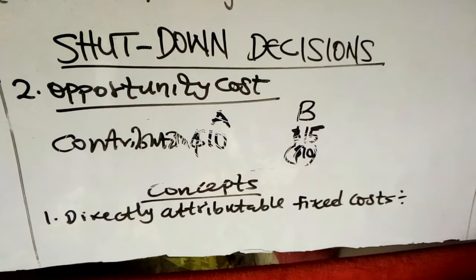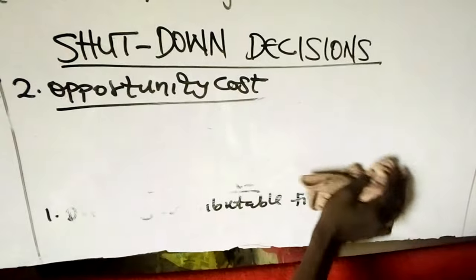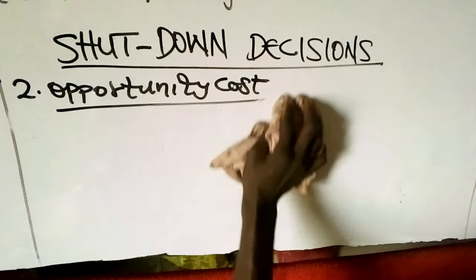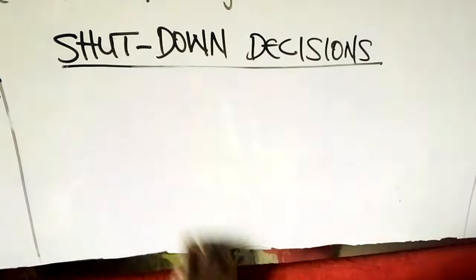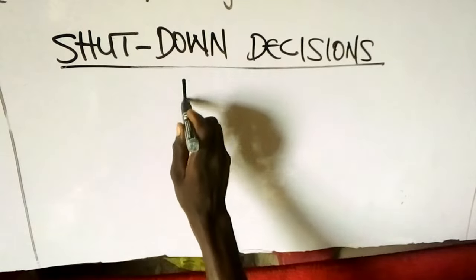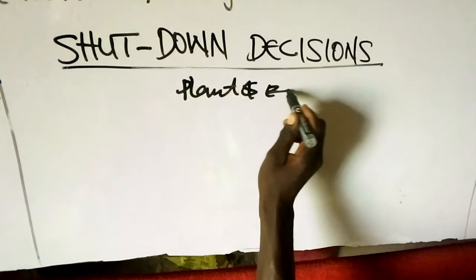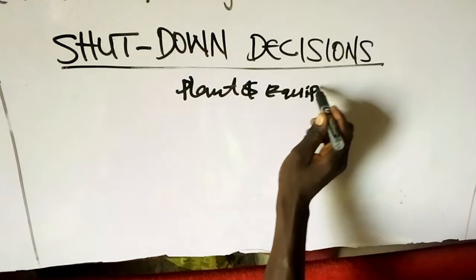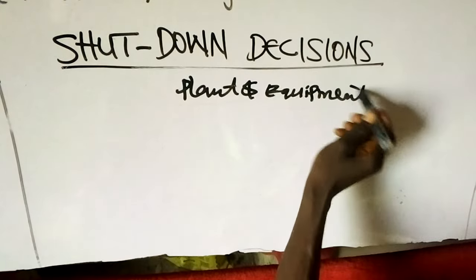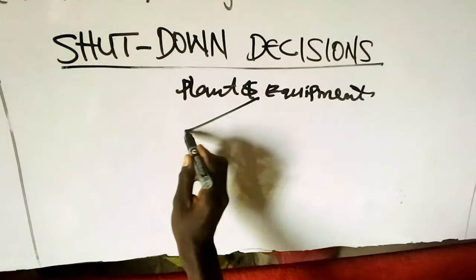I want to look at various concepts. I have tried to divide all the concepts into different divisions for better understanding. I want to look at the plant and machinery, or plant and equipment. This will be divided into two.